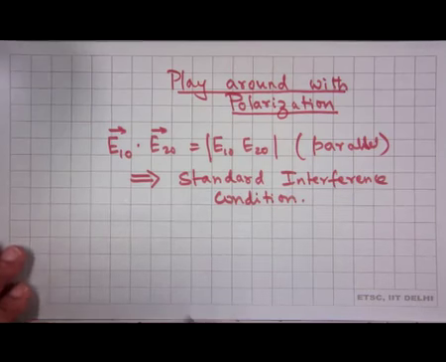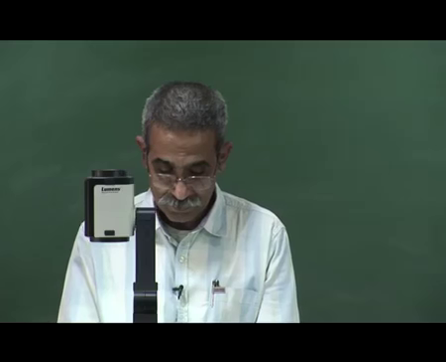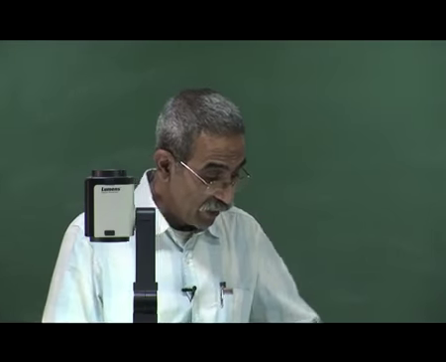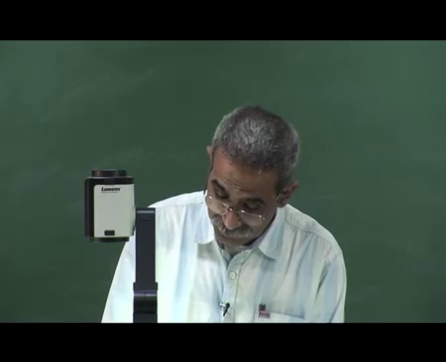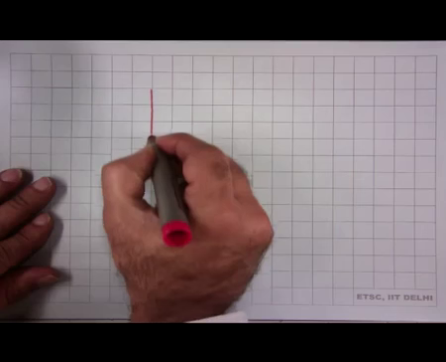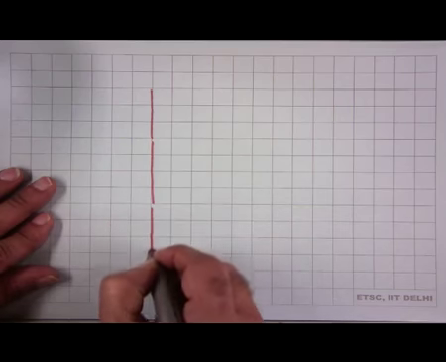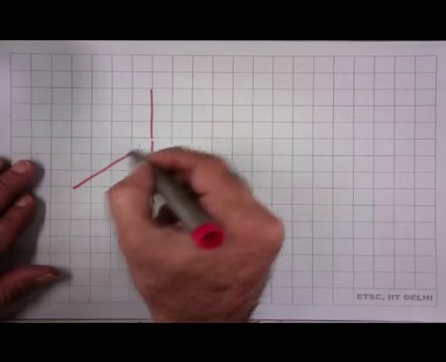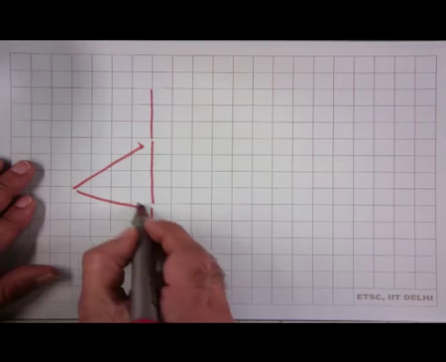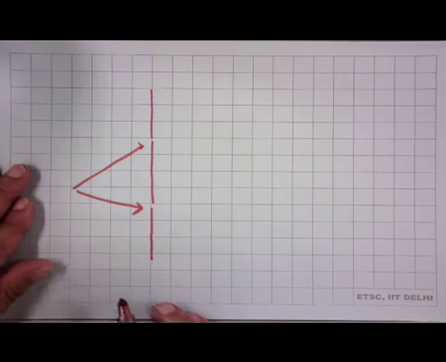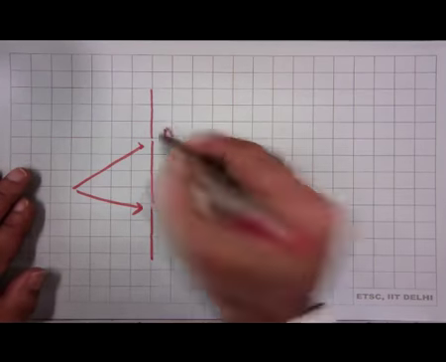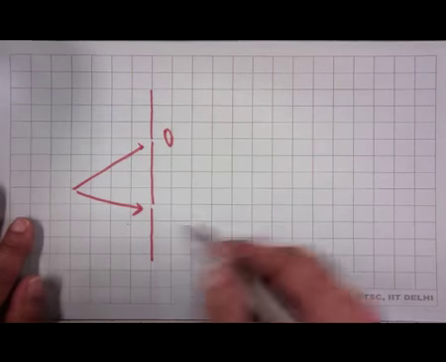Now suppose I perform the following experiment, and we will worry about how to do such an experiment. So I have a slit here, I am again exaggerating, and suppose two rays are coming here. Now what I will do is I will put a contraption which rotates your plane of polarization.